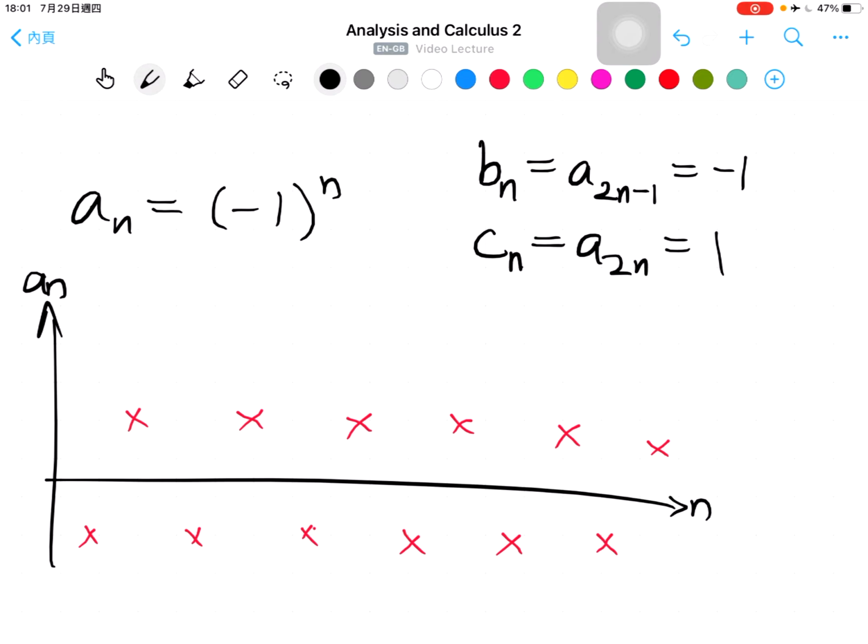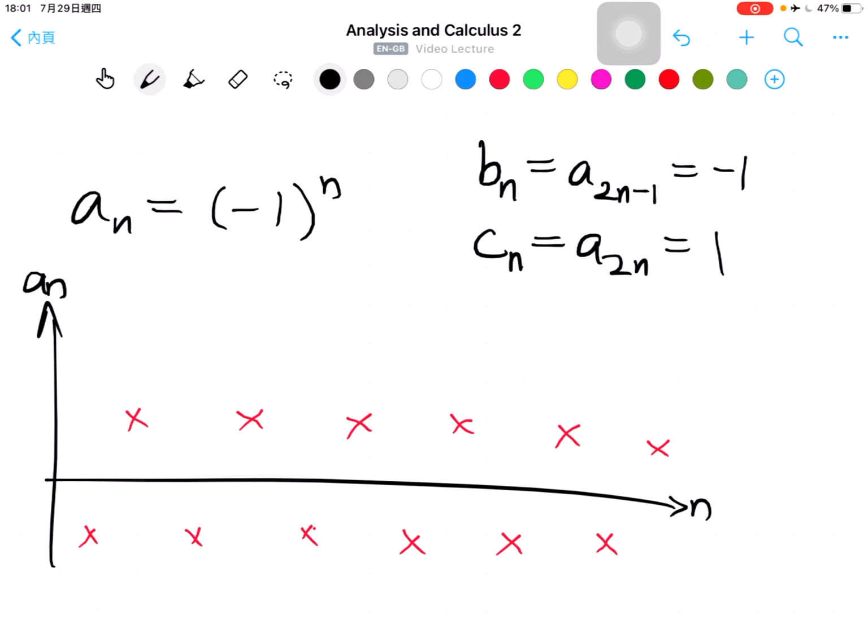Because a subsequence can be thought of, from another perspective, as choosing terms from the original sequence. cn is formed by choosing the even number terms from the original sequence an.